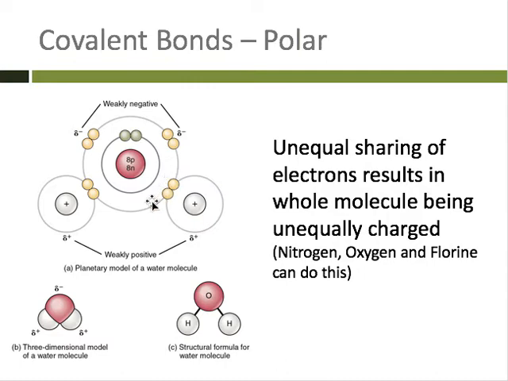What happens is because the electrons are spending more of their time orbiting around the oxygen atom, it's going to make this end of the molecule slightly negatively charged. Remember, electrons are negatively charged. So if they're hanging out over here in this crowd, this part of the molecule is going to be a little bit negative.